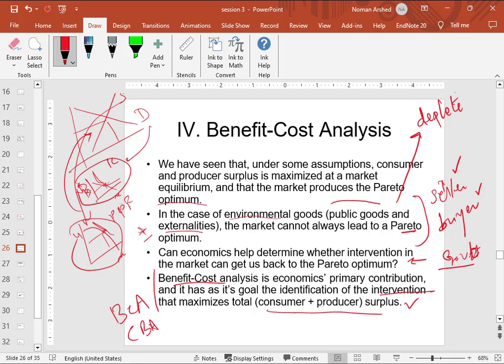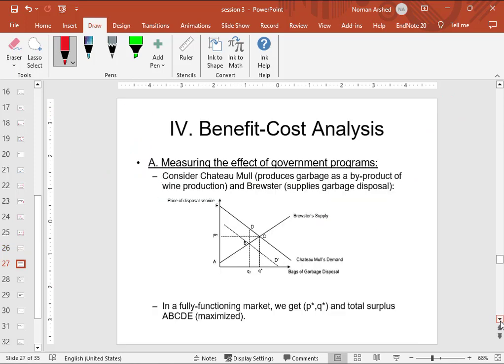So can we increase the surplus? This we will study in the next slide. In the next slide we are talking about measuring the effect of government programs.